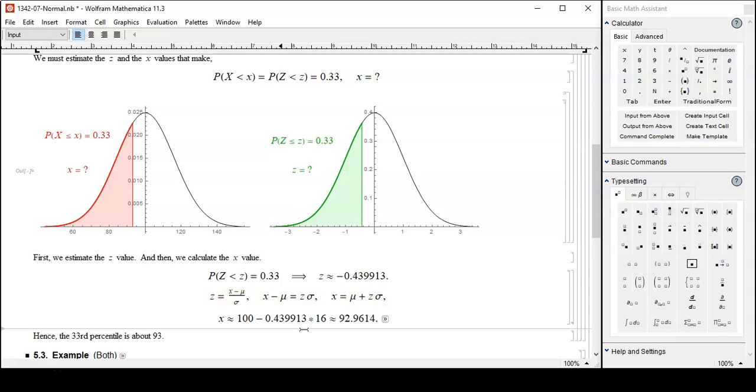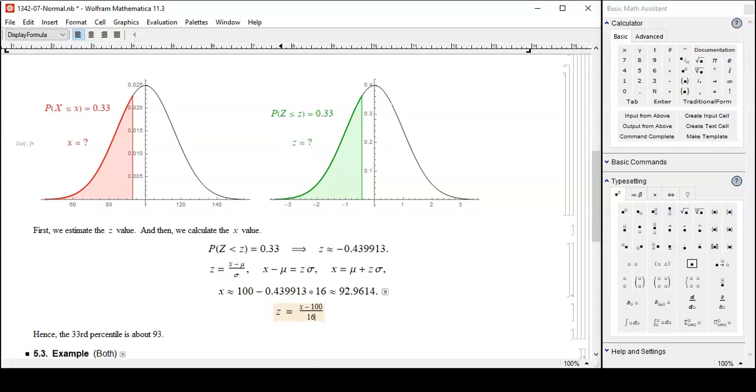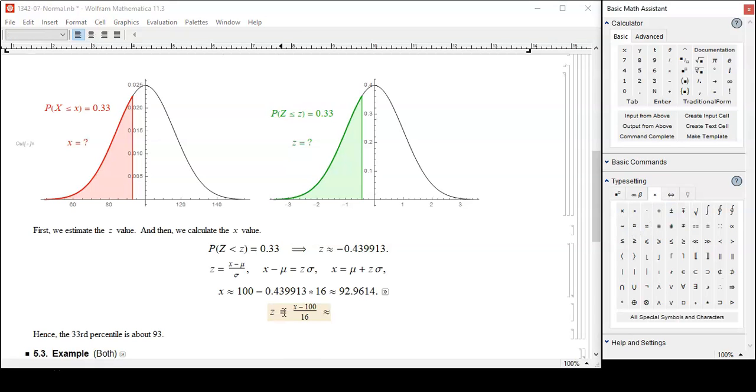So we are getting, so z is x minus mu over sigma, and that's approximately equal to, and nothing is accurate here, so approximately everywhere, negative 0.44. Basically you're looking for the solution of this equation. Not bad at all. Flip this to the other side and flip that to the other side, and you're going to get this computation.